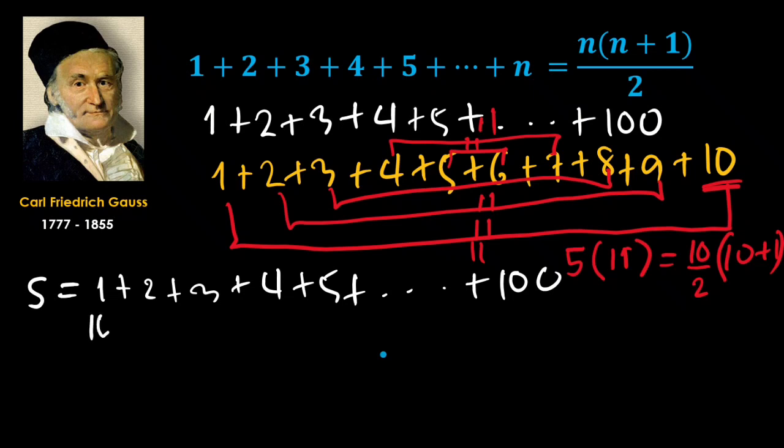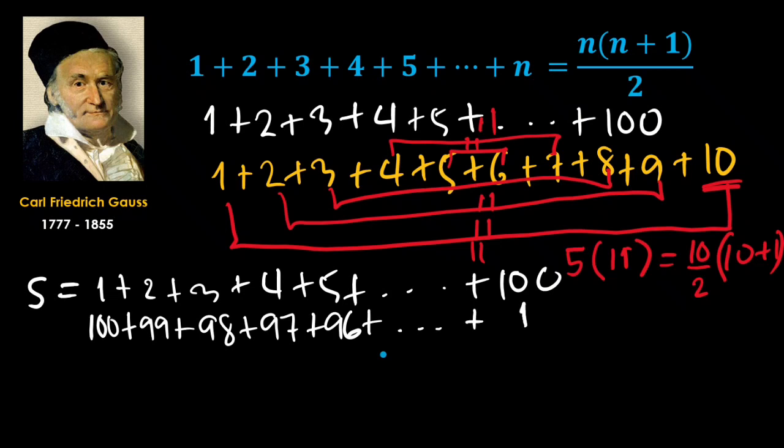So 1 plus 100, then before 100 is 99, we add it to 2. Before 99 is 98, we add it to 3. And then here's 97, here's 96, and then it finally comes down to 1. So let's take this as S as well, because it's the same. It's just only the reverse of the one on the top.